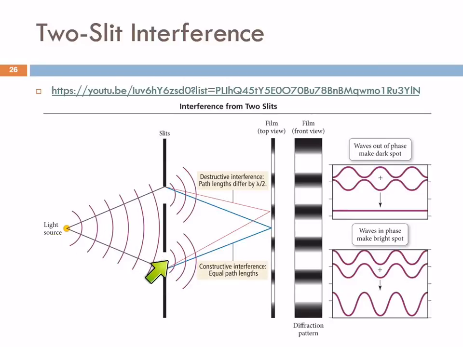As the diffracted waves spread out and run into each other, they create this diffraction pattern. There are places where the waves are out of phase and we see a dark spot, and there are places where the waves are in phase and we see a light spot. And this is the diffraction of the light.